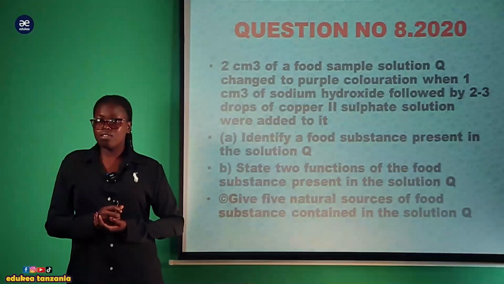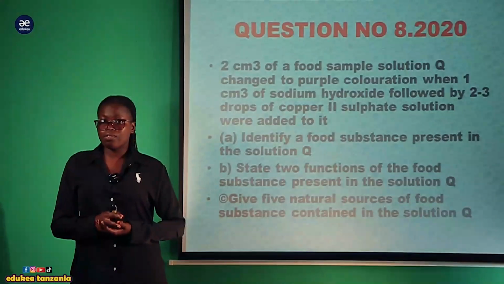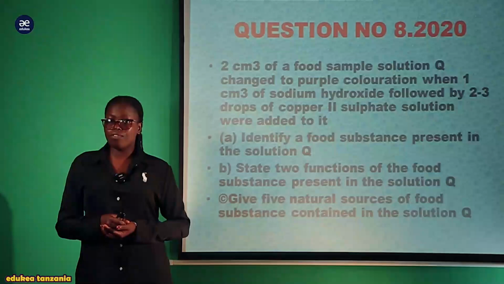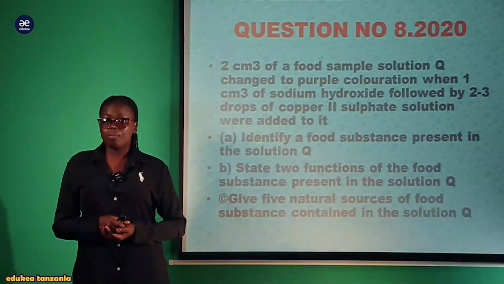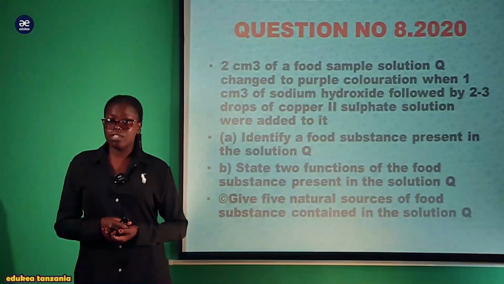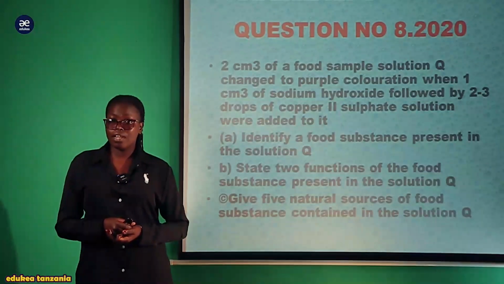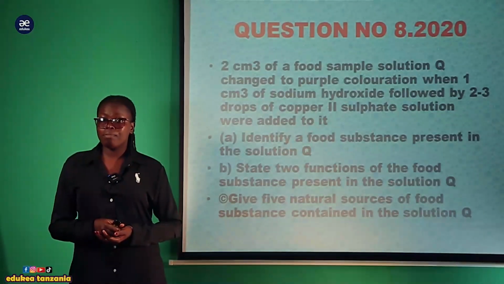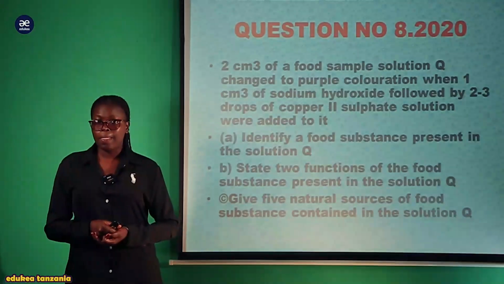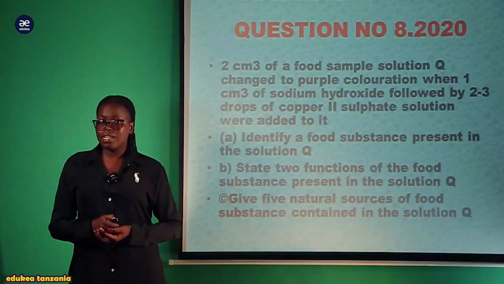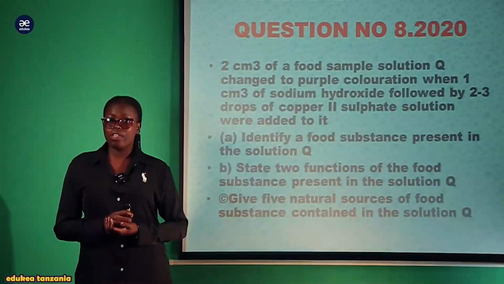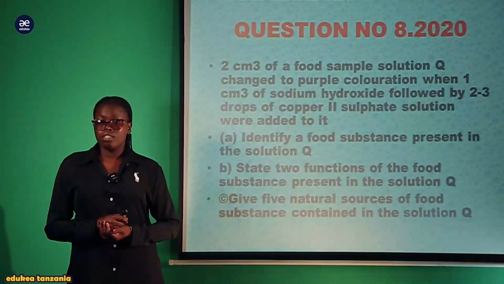We have also discussed the concept of food tests in the topic of nutrition, where in our biology practicals we test for a variety of food substances. We test for starch, protein, lipids, and also glucose, or reducing and non-reducing sugar. Our question today has been derived from the chemical testing of protein.